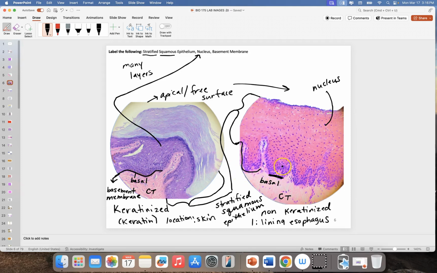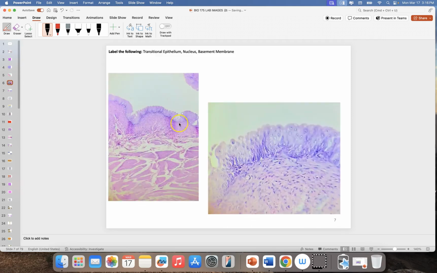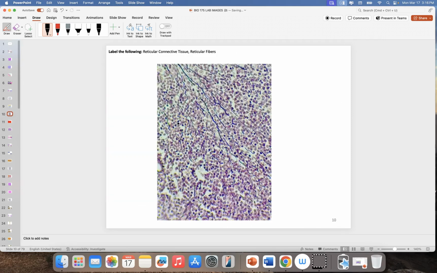And as we push those older cells up, they really begin to flatten. And they really take on that squished or squamous-like shape, especially once they get closer to that apical surface or that free surface.